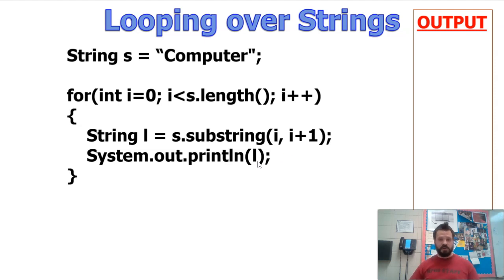And it looks like all this loop's doing is printing out l, the letter we're creating every time. So if I ran this code, I'd get the letters of "computer" all on separate lines. Not really much happening there, but again, we could be searching for a letter, swapping out letters, or counting letters. There's a lot of different stuff we could do looping through that string.